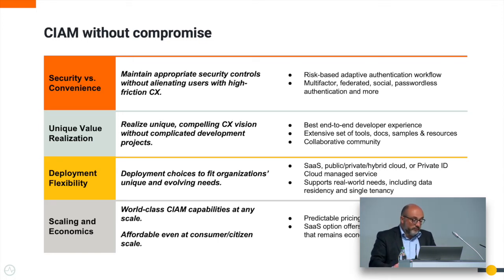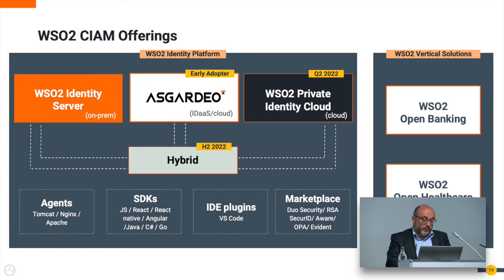And this is the architecture of our customer identity access management offering, which is based on two components, as I said before. The downloadable one, which is the Identity Server for on-premises or private cloud deployment, and Asgardeo, which is the identity as a service solution. They are based on the same technology.